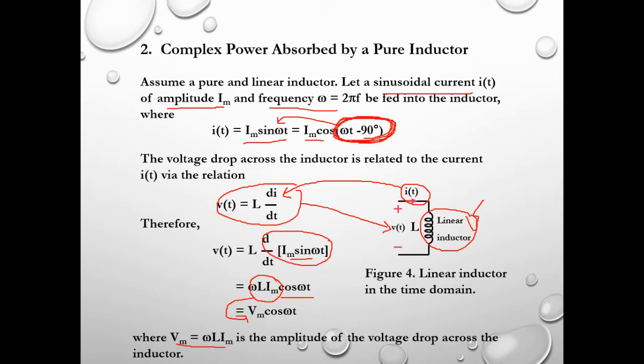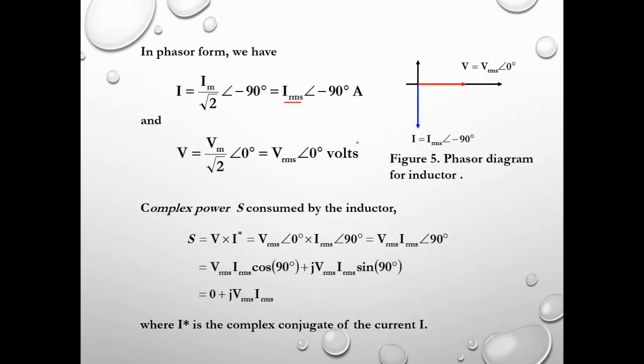Solving, we get I RMS with an angle of minus 90 degrees, shown in blue. And for V, Vm over square root 2 gives the V RMS with zero angle, plotted on the x-axis.